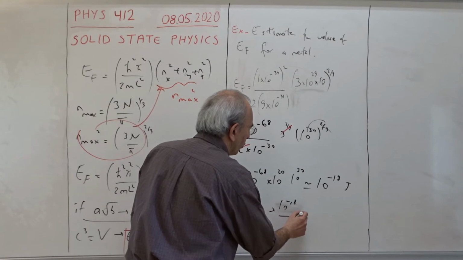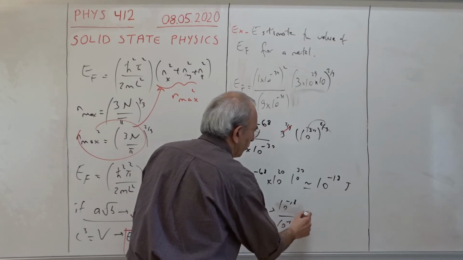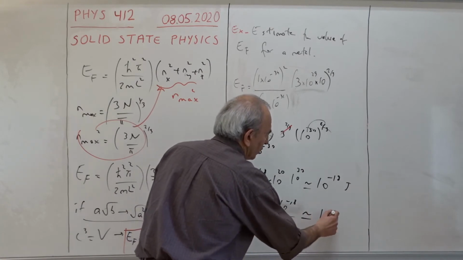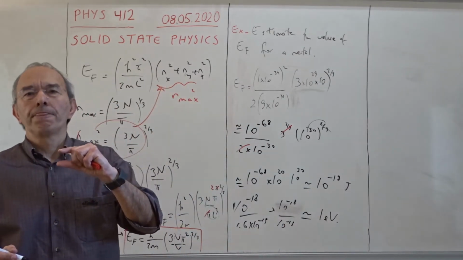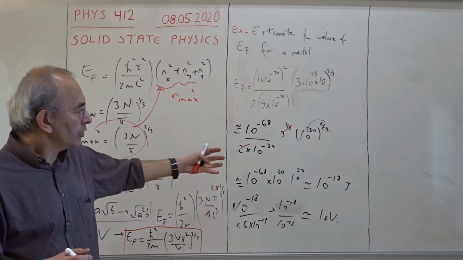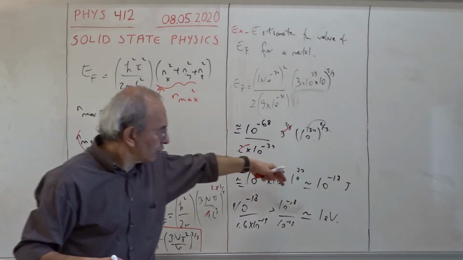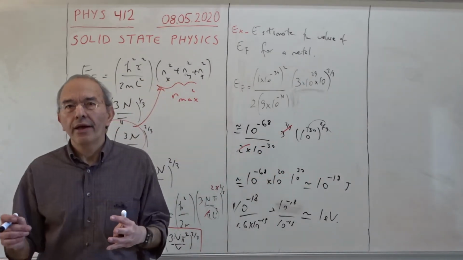So this is on the order of some 1 or 2, let's say, electron volts. So the Fermi level indeed turns out to be on the order of electron volts by such assumptions.